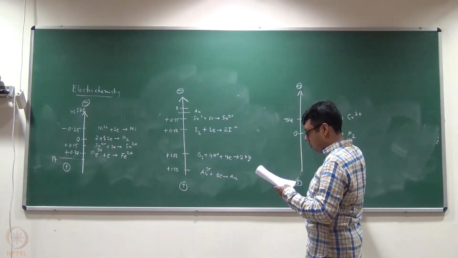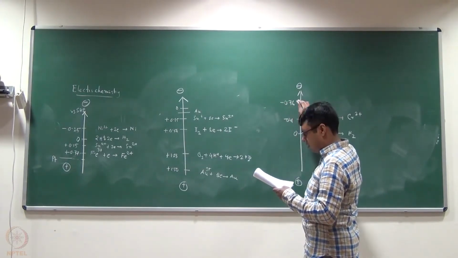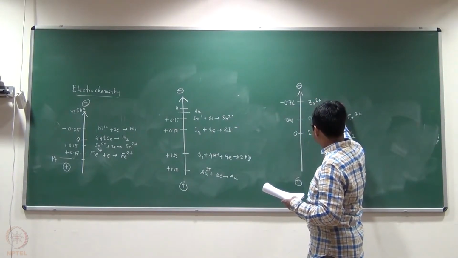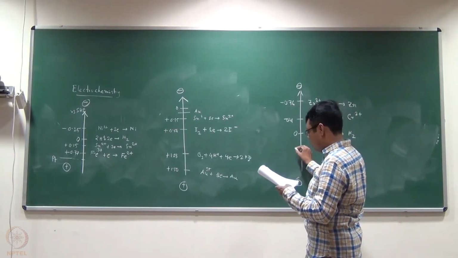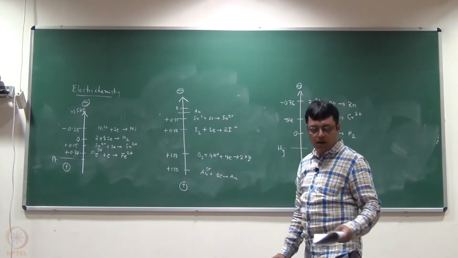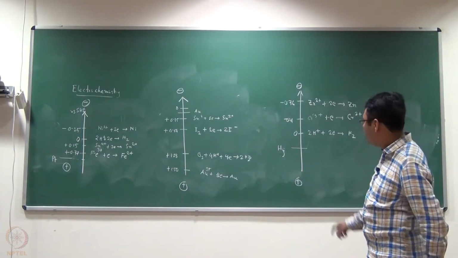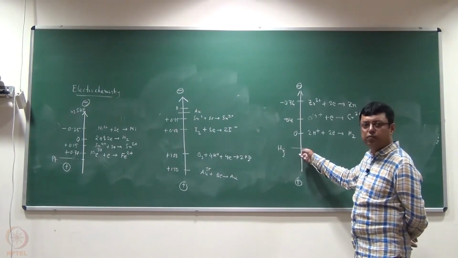This is chromium, minus 0.41, minus 0.76 is zinc. So what I did here is basically the position of the mercury electrode at 0 current.